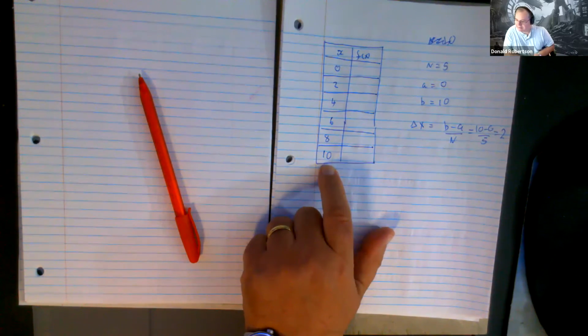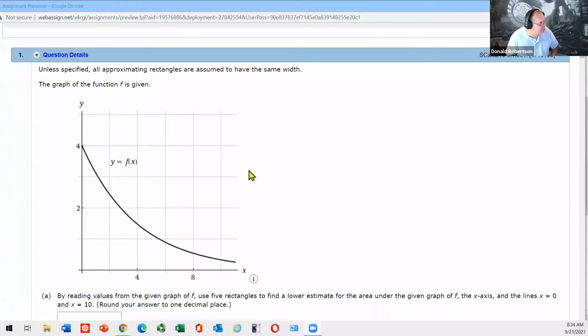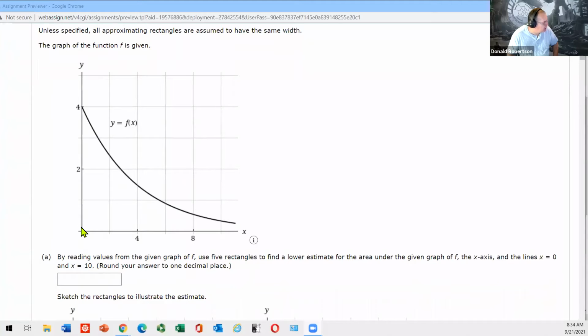We good? Now, you're going to help me a lot here because I've only got one good eye and I'm not that good at estimating. Because in these questions, we don't have a function. All we've got is this graph. So when x is 0, I don't think anybody's going to argue, would you agree it's 4? Now when x is 2, the answer is here.